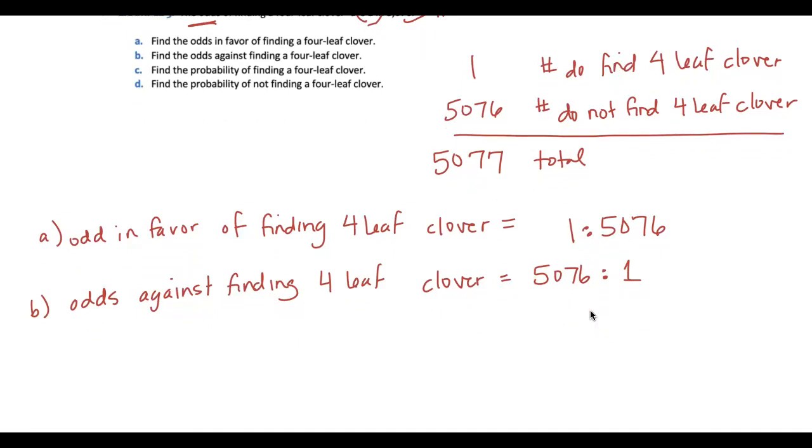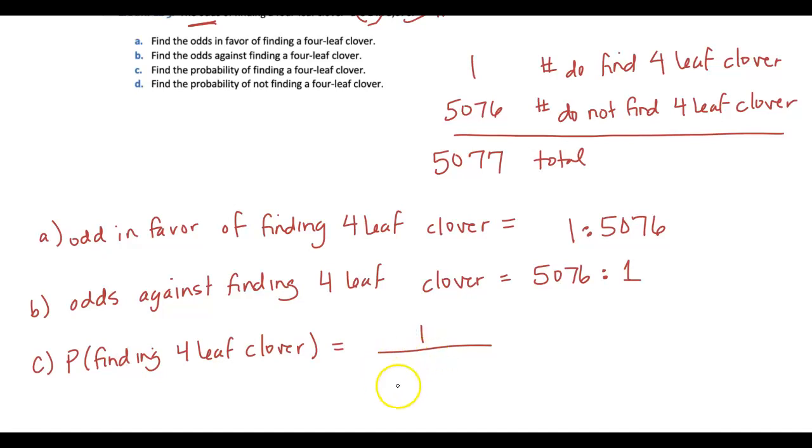Part C, the probability of finding the 4-leaf clover. Probability is always the number of times finding the 4-leaf clover, which was 1, and then the denominator, it's the total, which is 5,077.